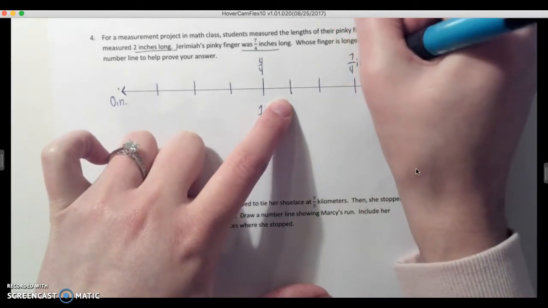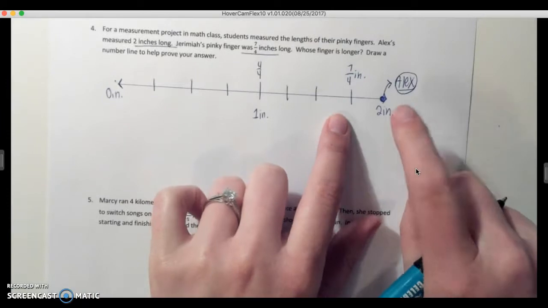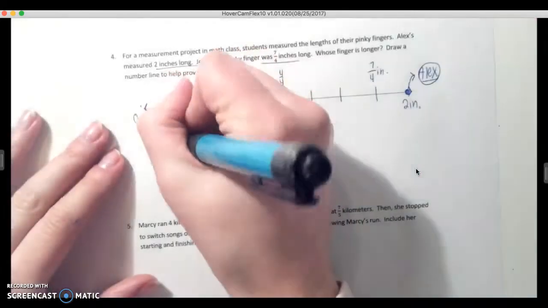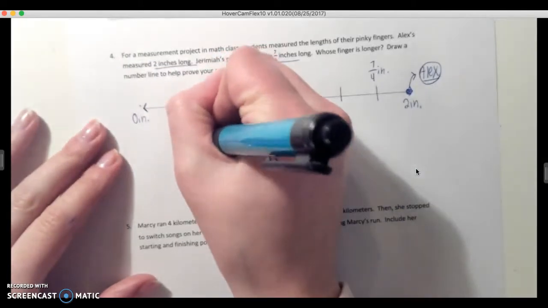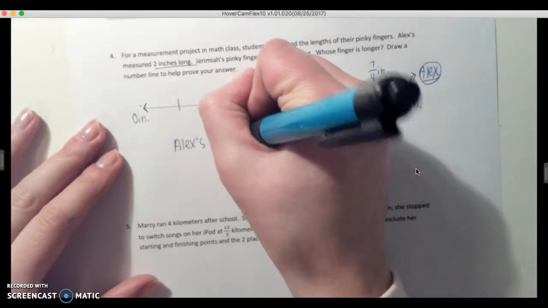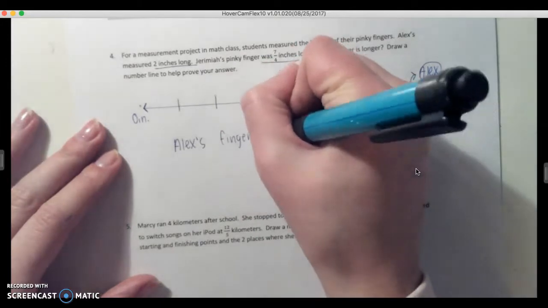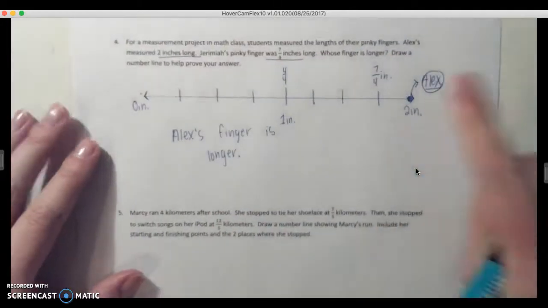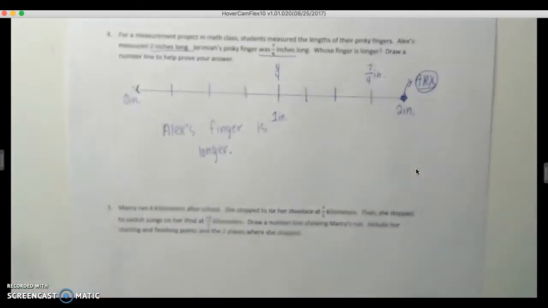That means Alex's finger is longer. Make sure you draw that number line to prove your answer.